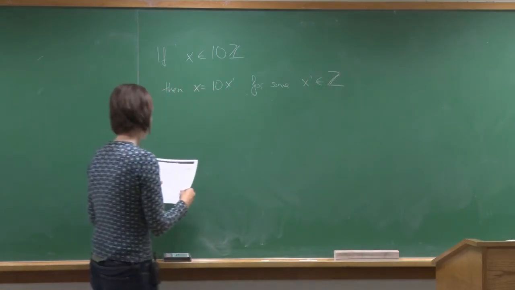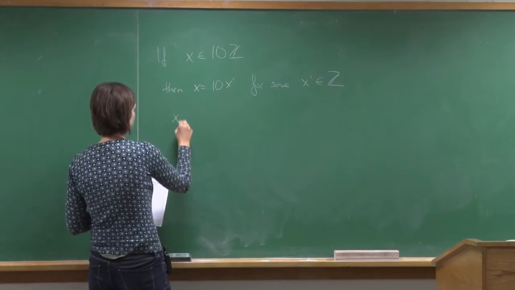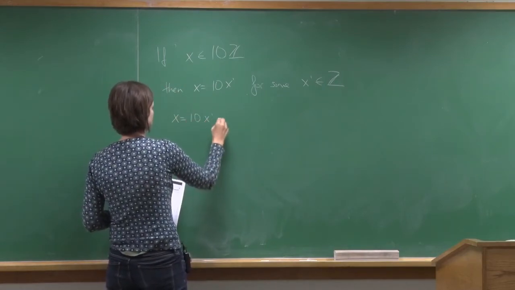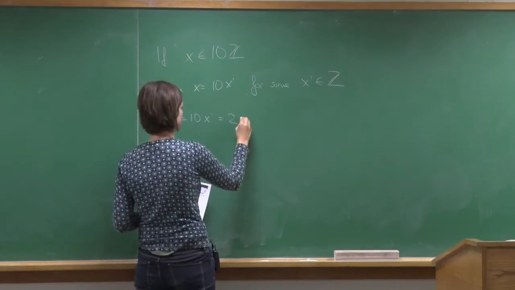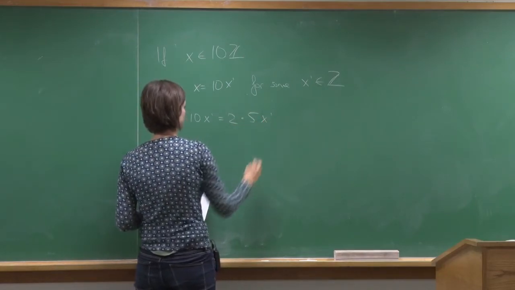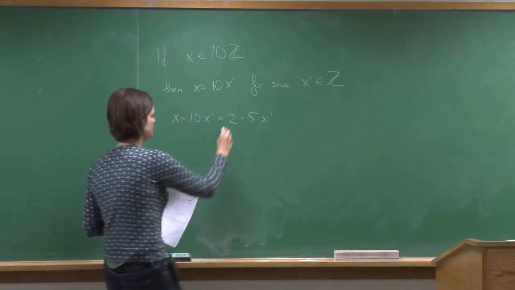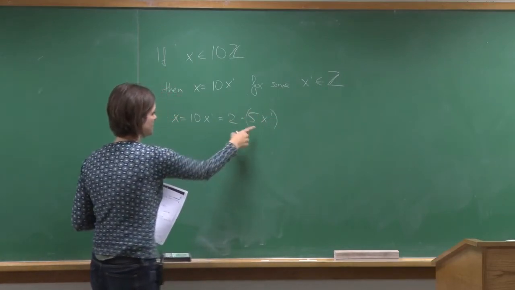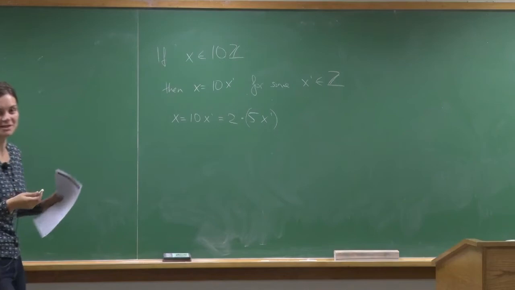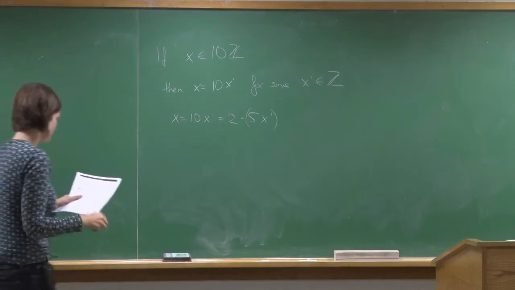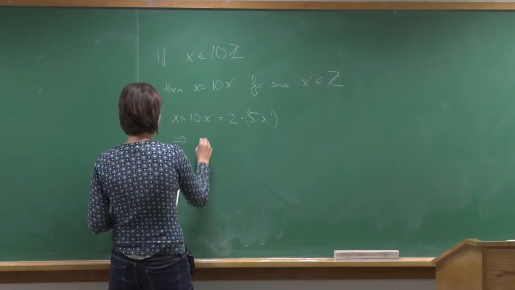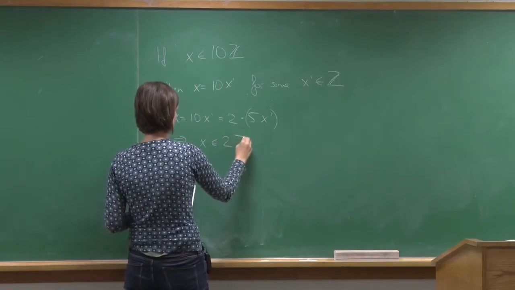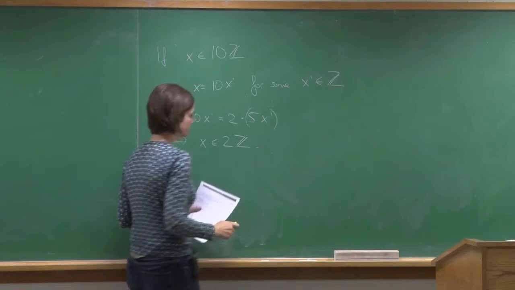But then x is 10 times x prime, and we can of course just write this as 2 times 5 times x prime. If x prime is an integer, then 5 times x prime is an integer, right? So then we're done. So we have that x is in the multiples of 2.